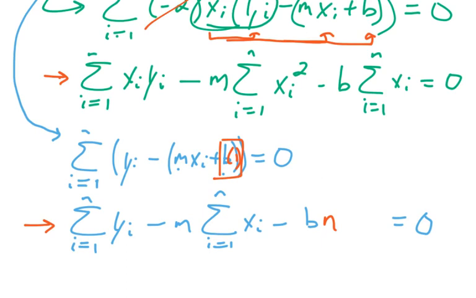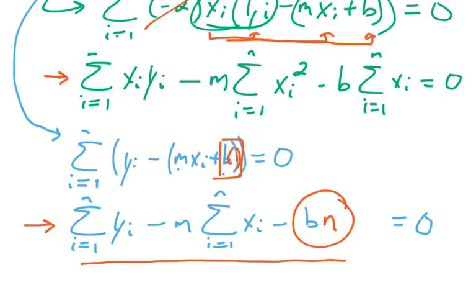And it's clear to me anyway that this blue one is the easier one to work with. This formula is going to be the easier one explicitly because of that term right there. If I compare that to what's going on in the green one, b is attached to a sum of n things. Here, b is only attached to the number of data points we have. That's what n is. It's the number of data points that we have. All right, so this is going to be nice for us.